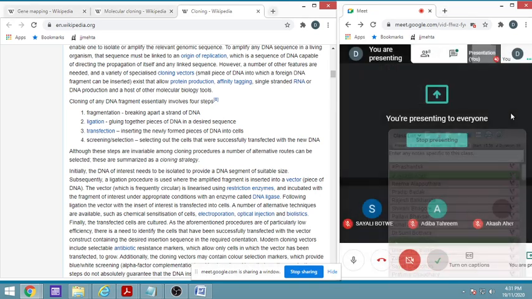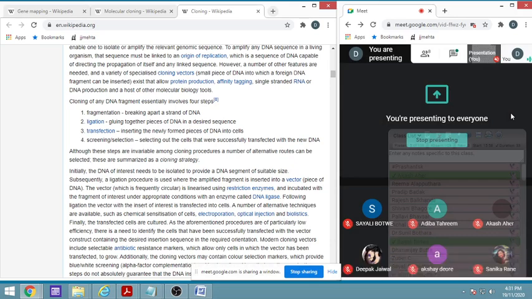Then next, the vector, which is frequently circular, is linearized using, again, enzymes, restriction enzymes. Restriction enzymes are actually hydrolyzing enzymes, like DNases. Just like you have seen dipeptidases and tripeptidases, if you remember from your earlier digestive system studies, or carbohydrate metabolism enzymes.